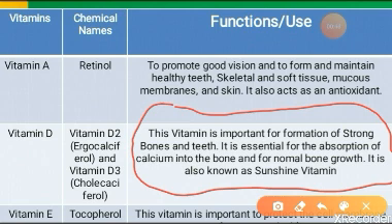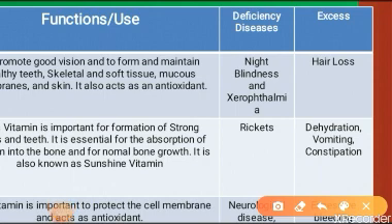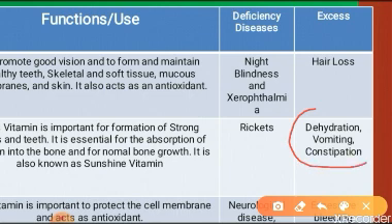It is essential for the absorption of calcium into the bone and for normal bone growth. It is also known as sunshine vitamin. The deficiency of vitamin D causes rickets. If we use an excess amount of vitamin D, there is a chance of dehydration, vomiting and constipation.